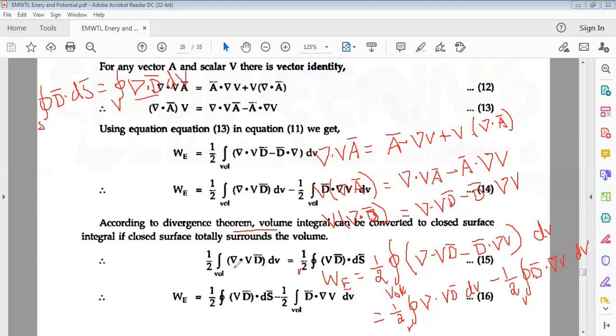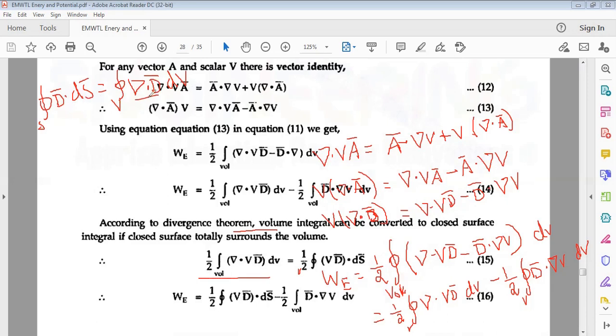So here del dot (v d bar) is there instead of d bar, into dv. What is the surface integral now? D bar dot ds bar. Now instead of d bar, here v into d bar is there. So the volume integral is converted to the surface integral as 1 by 2 the surface integral v d bar dot ds bar. Don't confuse, my dear students.